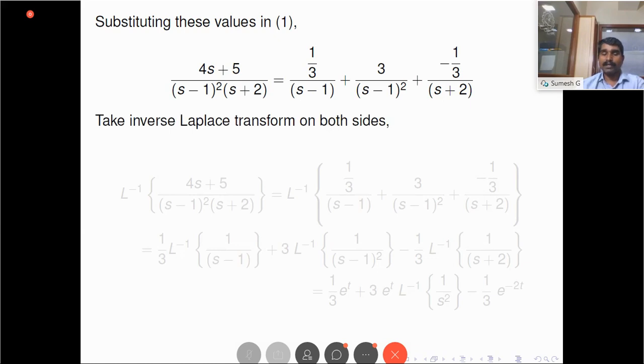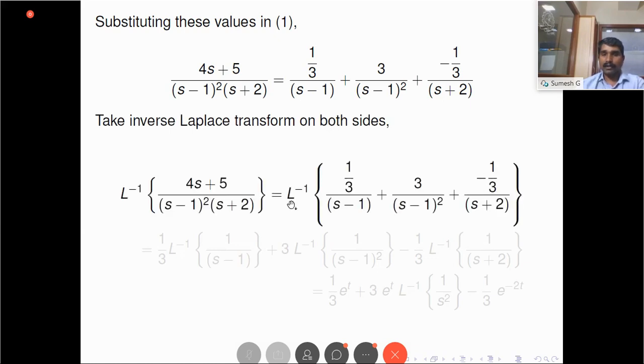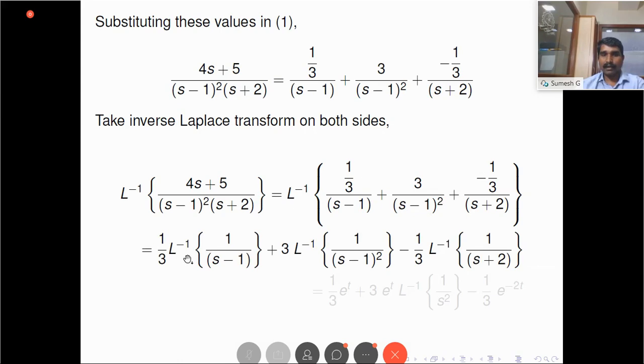Taking inverse on both sides, we obtain the expression like this. On the RHS, we can apply the linearity property. So constants can be taken outside and we can split the corresponding terms. For the first one, we can find inverse directly. For the second one, we have to apply the concept of inverse using first shifting property.